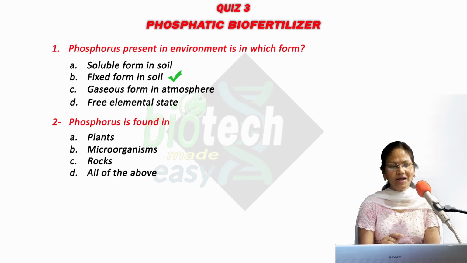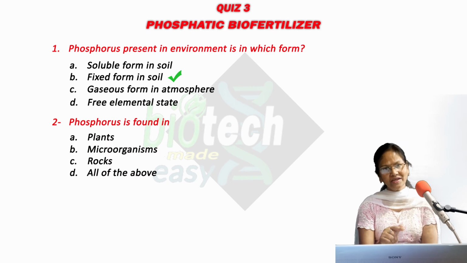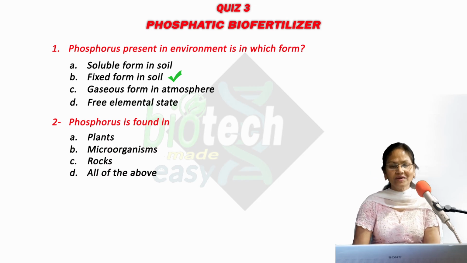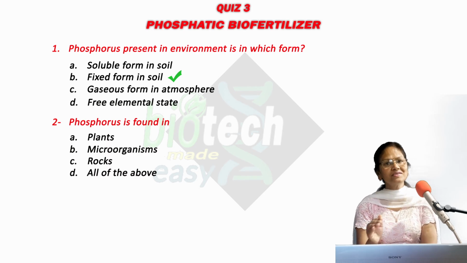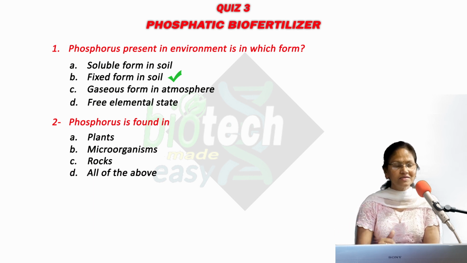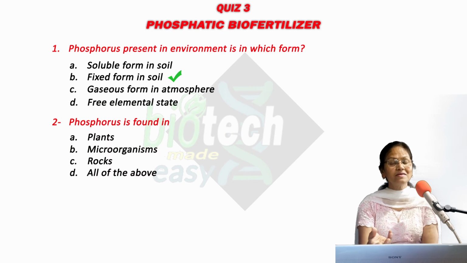Phosphorus is found in plants, microorganisms, rocks, and the fourth option is all of the above. Here I should tell you that phosphorus is present in organic as well as inorganic form. When it is present in inorganic form, it is there in the soil and in the rocks, and when it is in the organic form, it is in all living organisms, because it is part of many biomolecules, for example ATP, DNA, RNA.